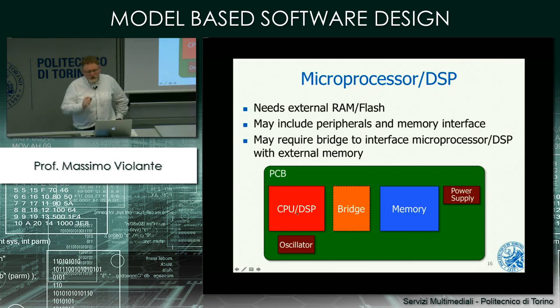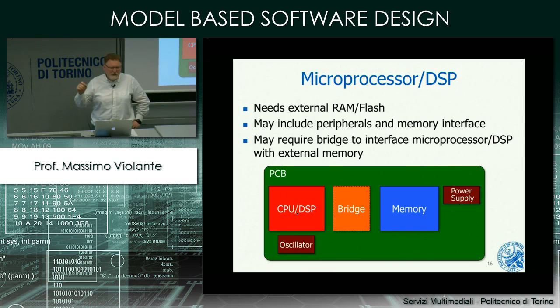This is important to consider because you have to remember that the cost of your system is not just given by the bill of materials. So when you have to consider the cost of an ECU, you don't have to just look at the list of components, make the sum of the prices, and that is the total cost.